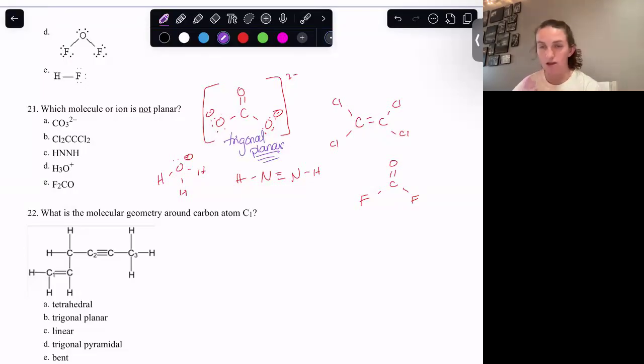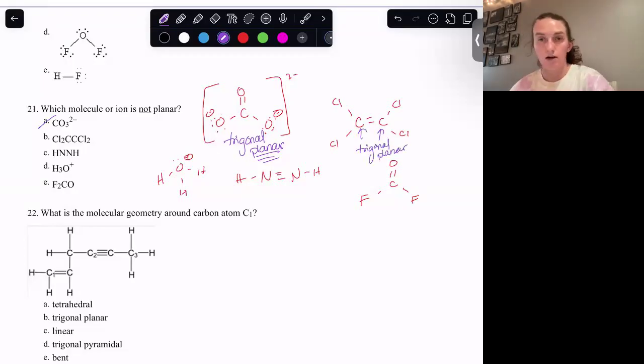And planar is in the name, so you should know that that one is not going to be the answer. Planar sits flat in the plane. That's the same thing for C2Cl2 Br2 here, right? We see that trigonal planar. These are both trigonal planar.